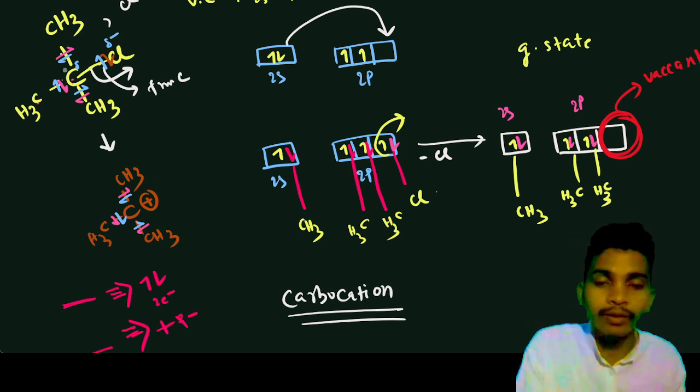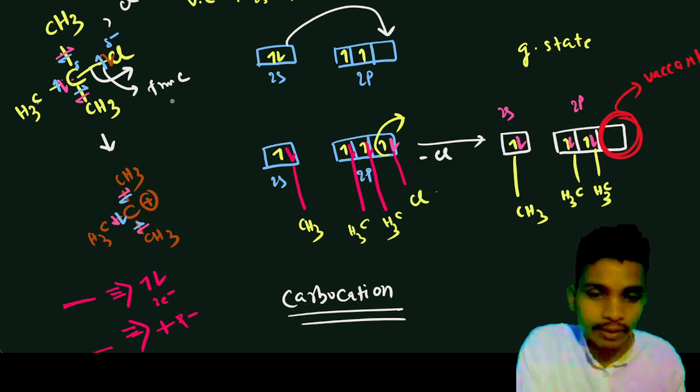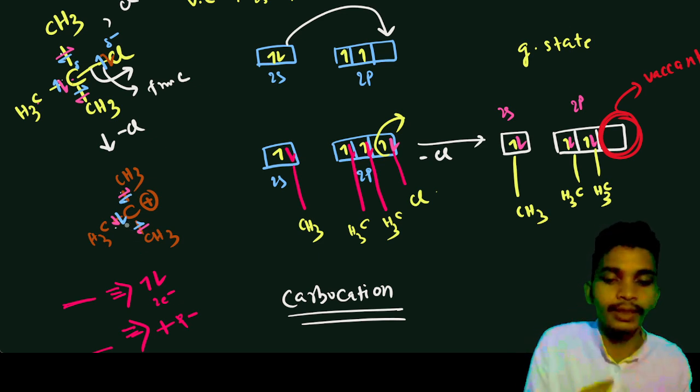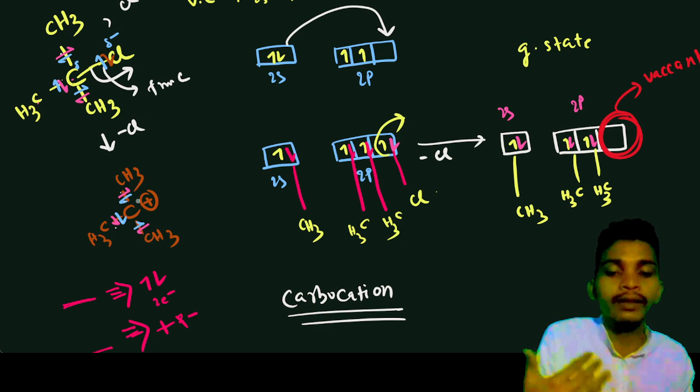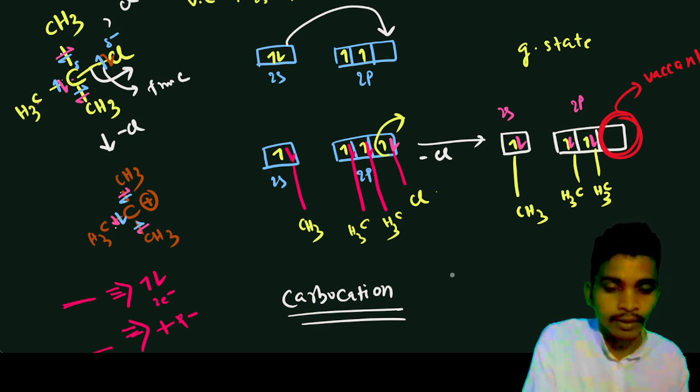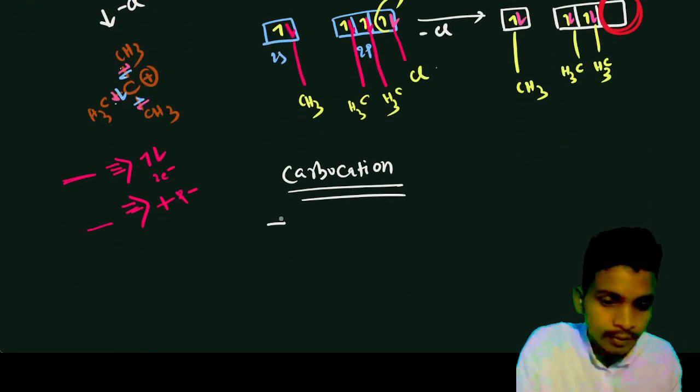It means that the octet is filled. But when the leaving group has left, how many electrons are there? 1, 2, 3, 4, 5, 6. It means that the octet is incomplete. Two more electrons are needed to fill the octet. So in the carbocation case, its electrons are less than an octet.